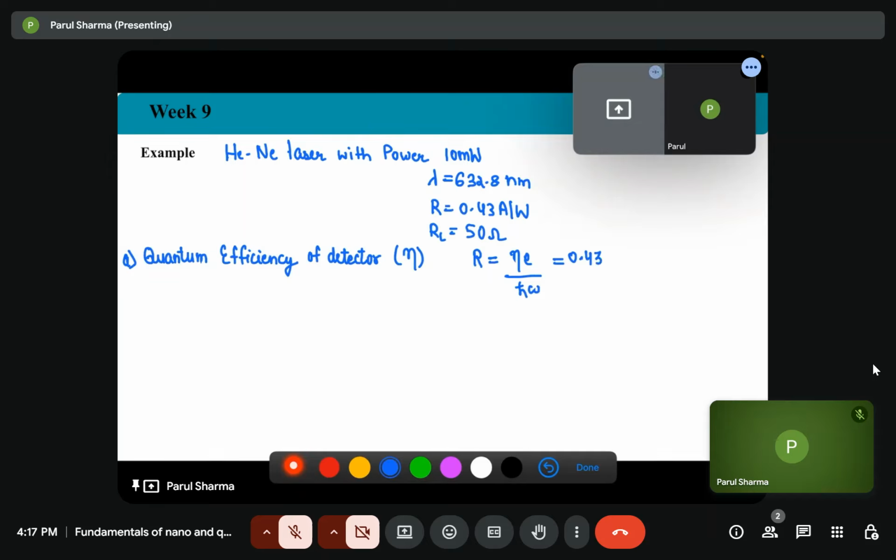So we can calculate h omega is equal to 1.2 by 0.632, which is equivalent to 1.9 electron volt.